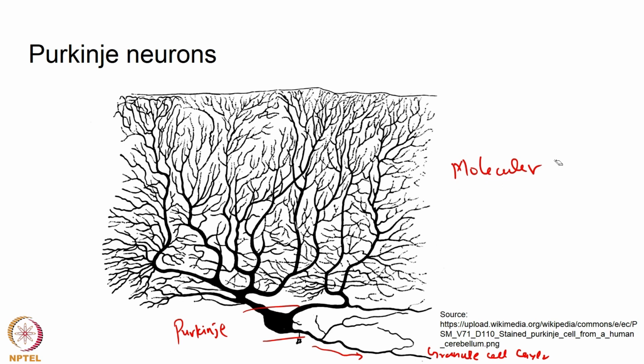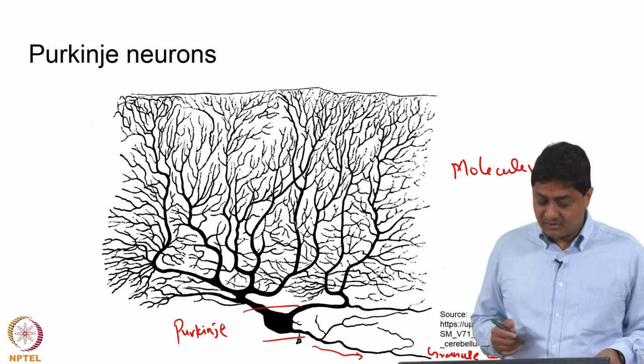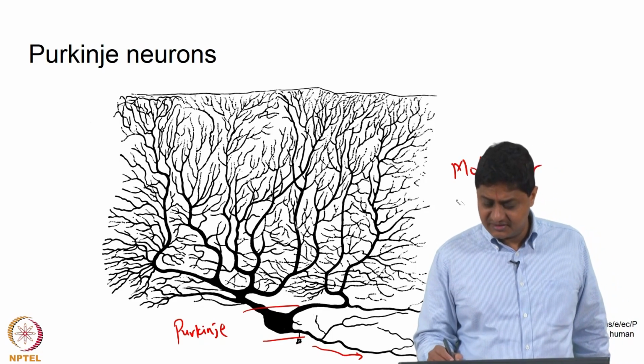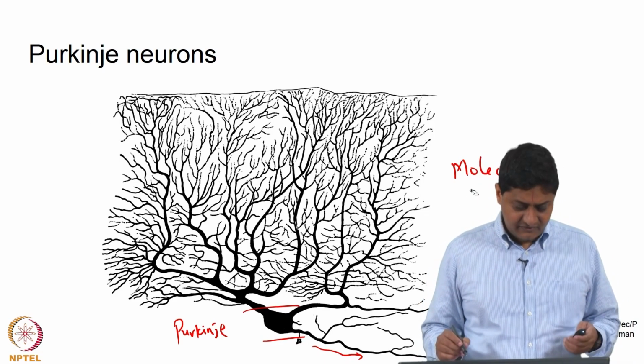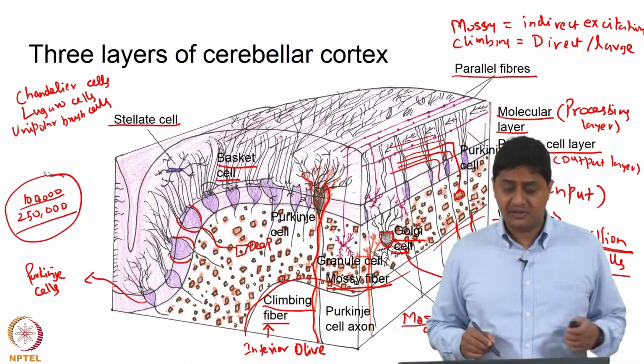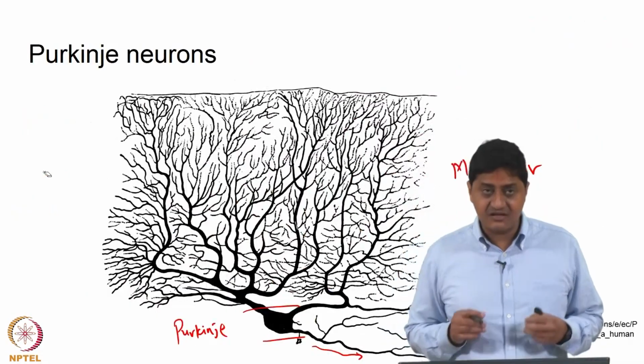Look at the dendritic tree structure. This is a relatively small Purkinje cell with a small number of dendrites, or at least a smaller representation for illustration purposes. We said that this has a relatively large number of dendrites, anywhere between 100,000 to 250,000.